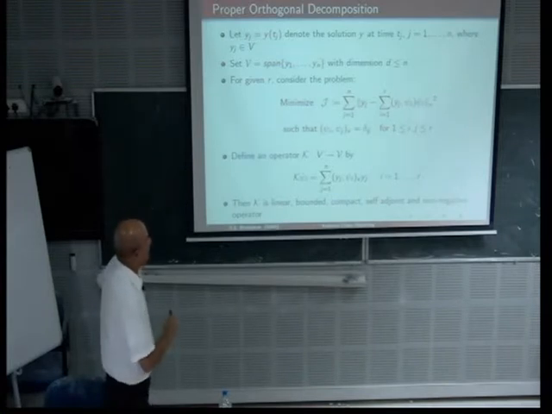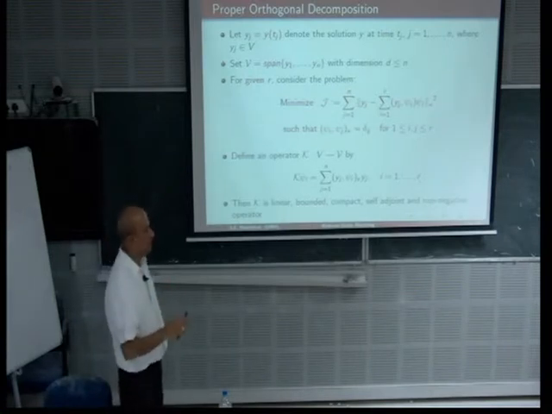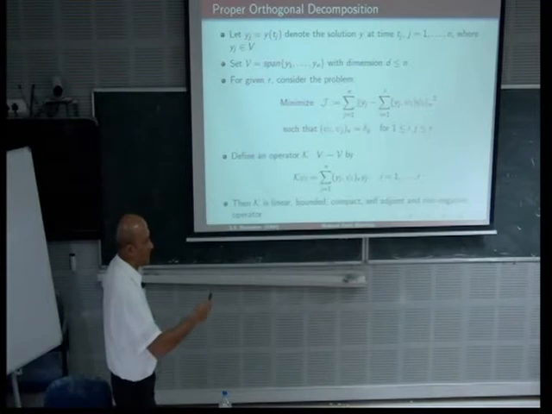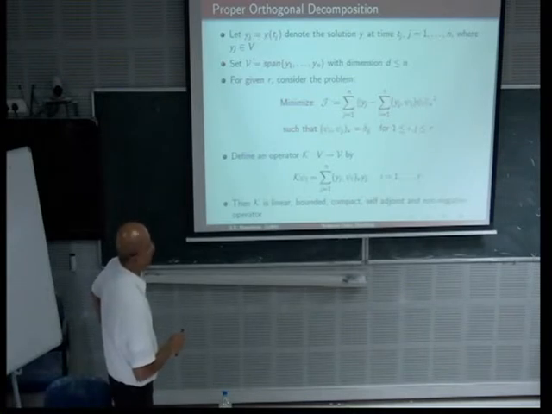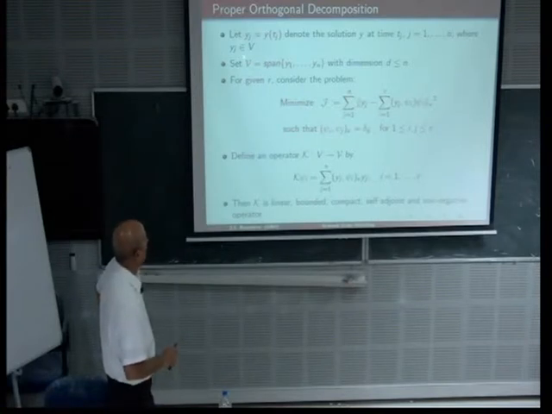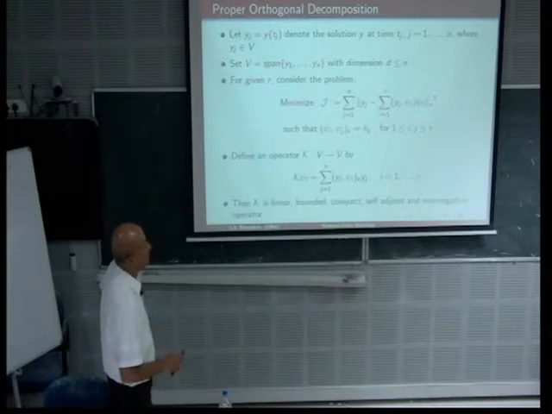In the error analysis, I'm going to assume my snapshots are for a fixed parameter and selected at time instances. So a time snapshot is y_j. Now if you form a span using these snapshots, you get a curly V space, whose dimension may be less than n. I'm using n of these snapshots, but if you span them, the dimension of this space may be less. So let's say it's d.